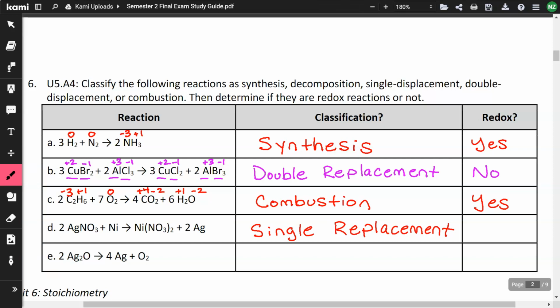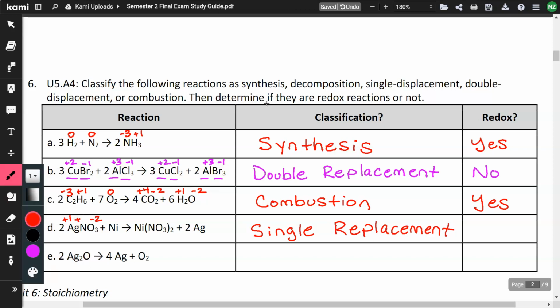So oxygen's -2. For Ag and nitrogen, this is going to be +1, +3. Did I do that right? No, that's not +3. That's going to be +5.